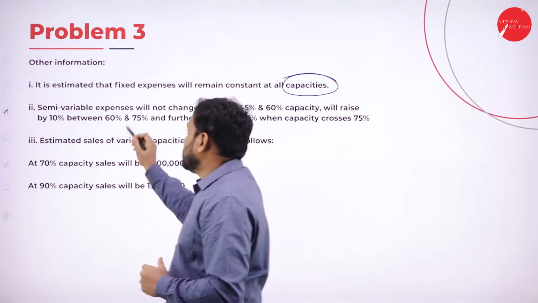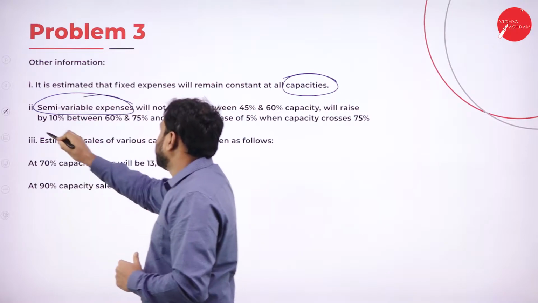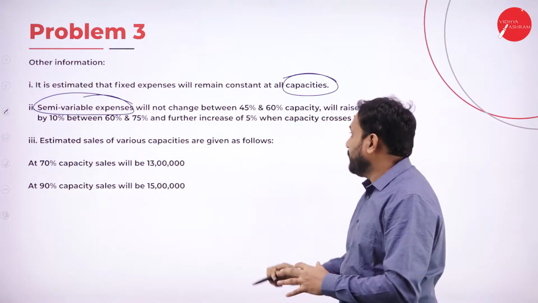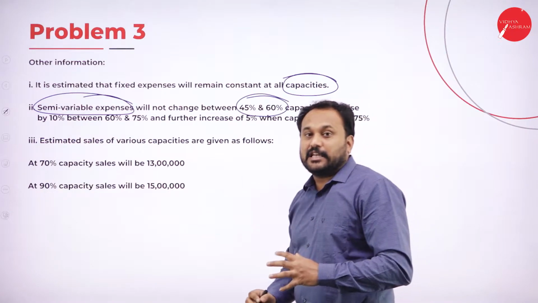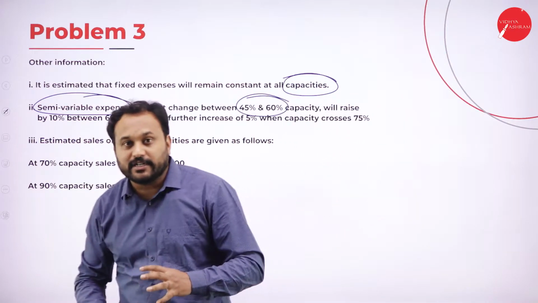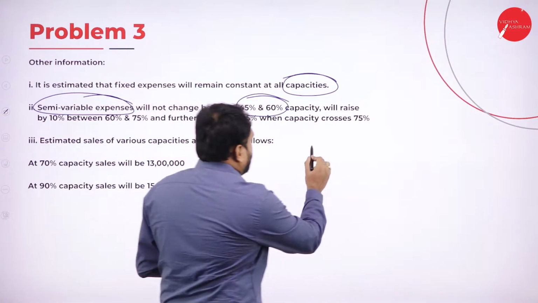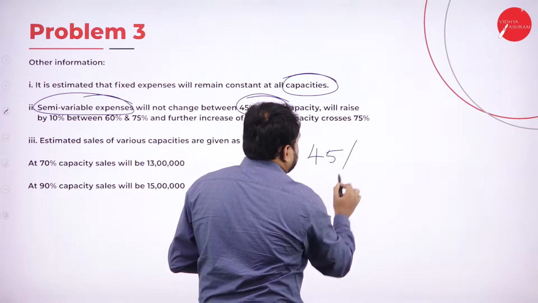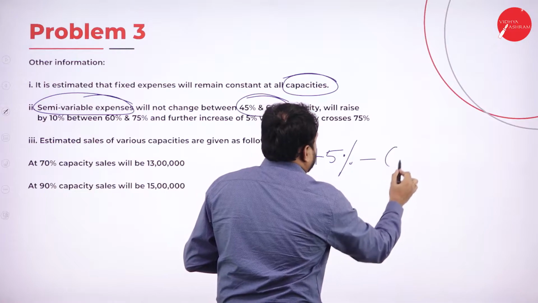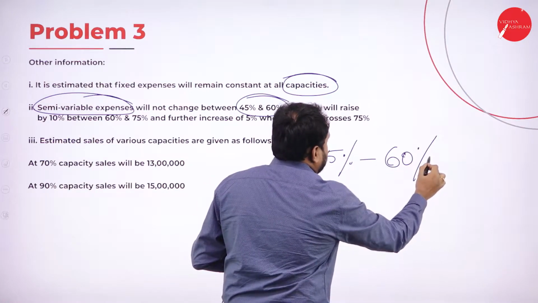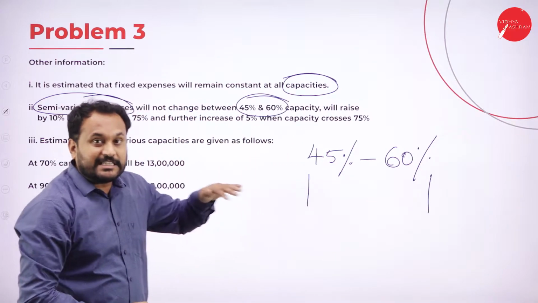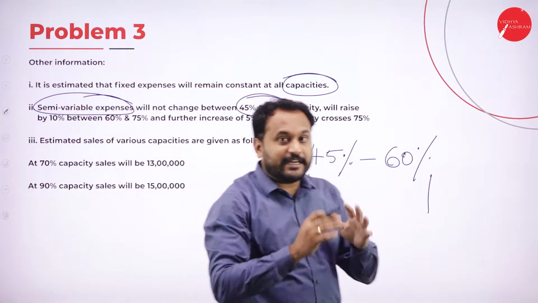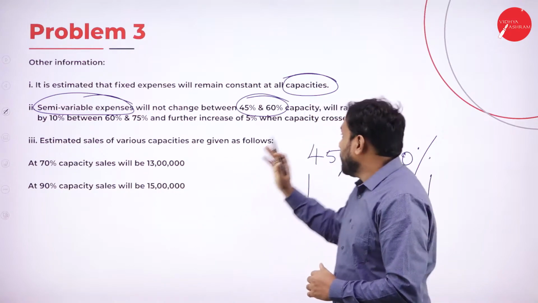Now they are talking about semi-variable expenses will not change between 45% and 60%. That means wherever they go from 45% to 60%, everything in between is the same, that means it remains constant.